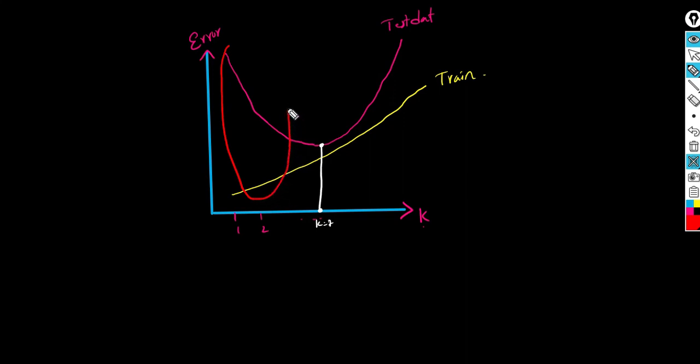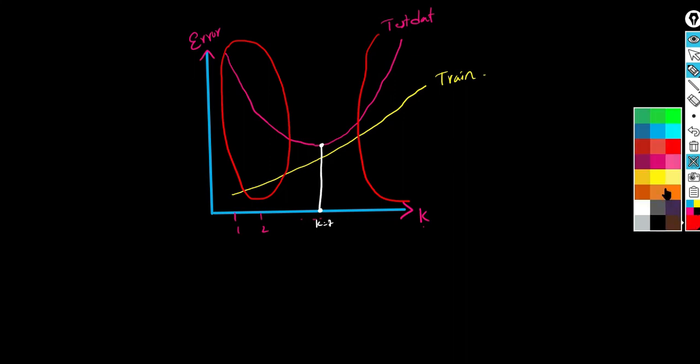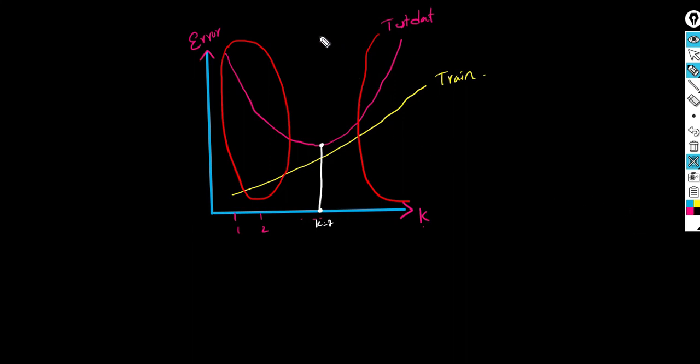We don't need a k value in this range. When we consider a higher value of k, we get the underfit problem. We also don't need a k value in this range. Now we only need the k value in this range, and the best k value is this k value that we have to consider.